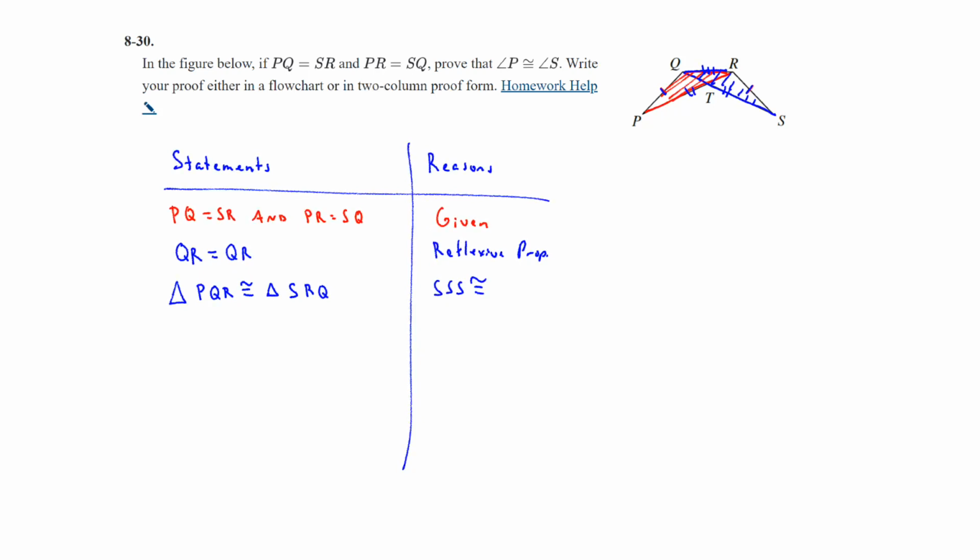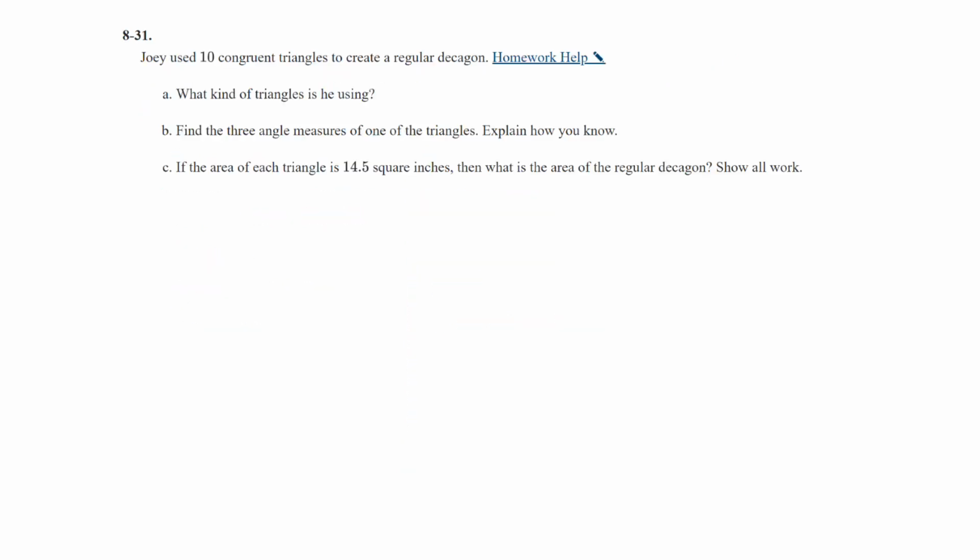And since we know that triangles are congruent, we therefore know that their corresponding parts are congruent, so therefore angle P will be congruent to angle S because of congruent triangles. Means that we're going to have congruent parts. So I used the two-column proof, but once again, you could use the flowchart proof as well.